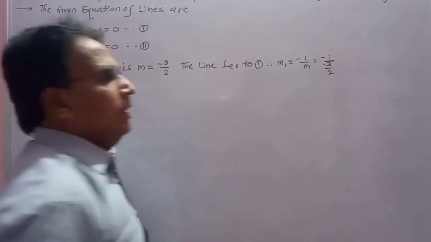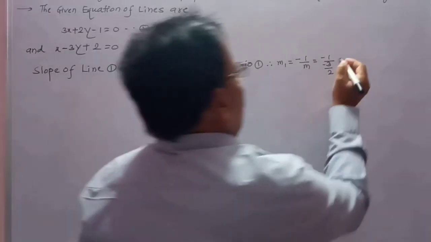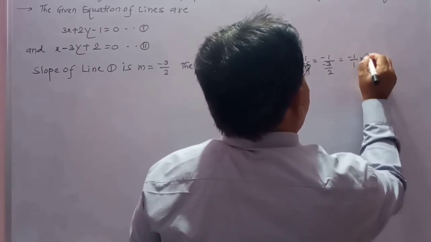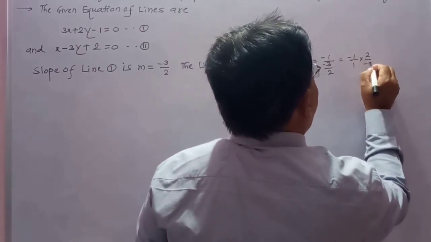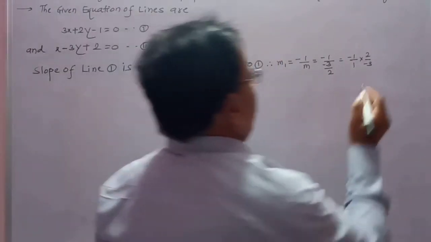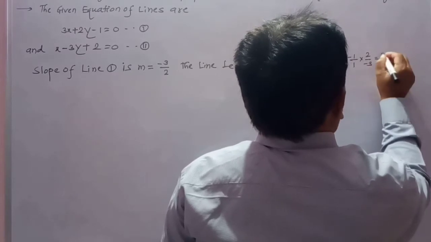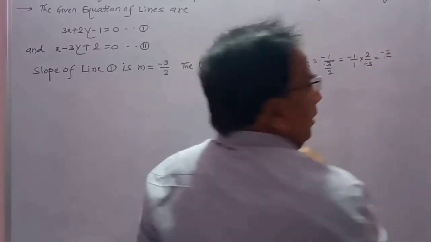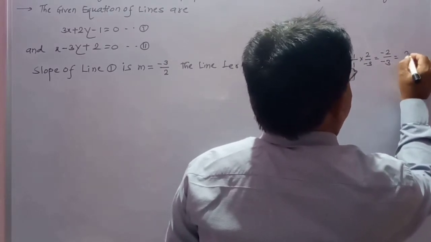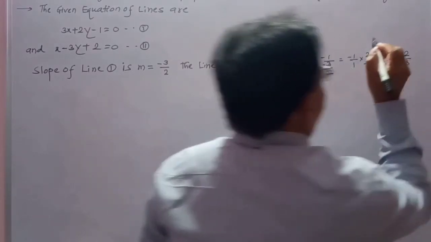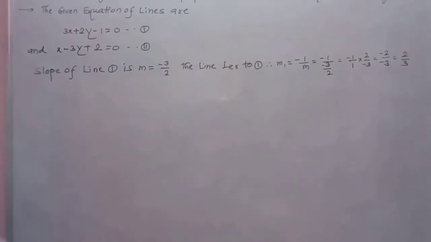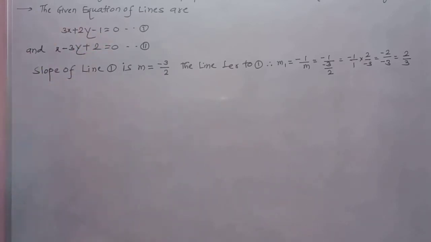Minus 1 divided by minus 3 by 2: the reciprocal of minus 3 by 2 is 2 by minus 3. Therefore minus 1 into 2 is minus 2, divided by 1 into minus 3, which is minus 3. The minus signs cancel. Therefore, the value of m1 is 2 by 3. This is the slope of the line perpendicular to the first line.